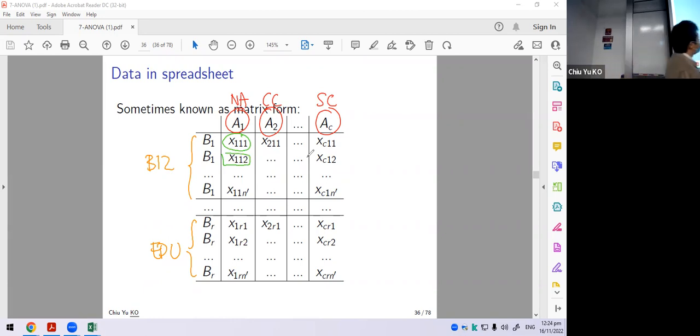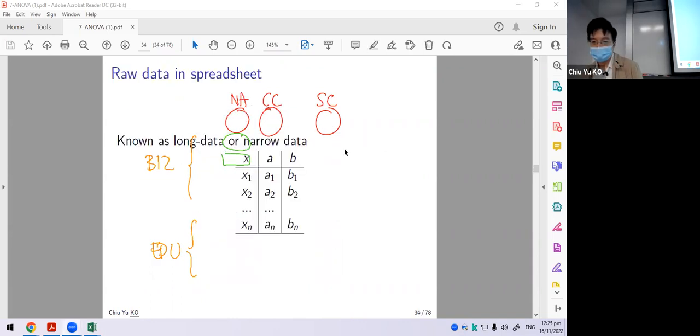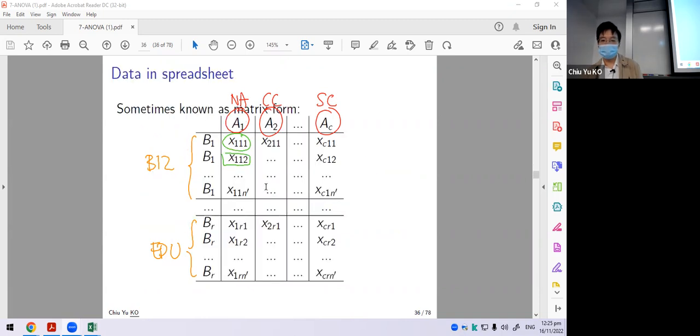So you can actually see this is the data, and this is data that will fit into Excel, okay? So later when you try to do Excel, this is the data structure that you need to input. And do remember that your raw data is not in this format, okay? Your raw data is in the format like this one, and one of the questions is how you can transform this to here.